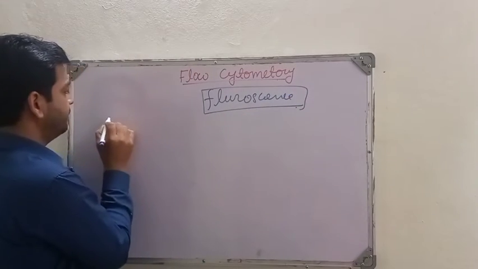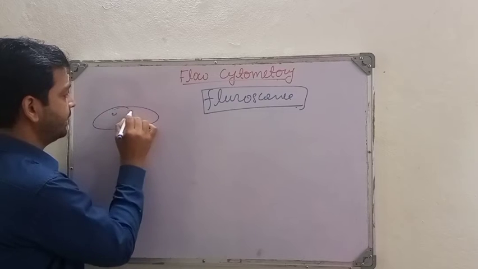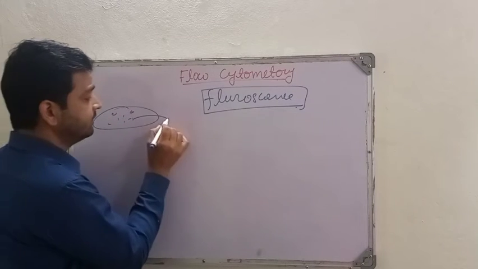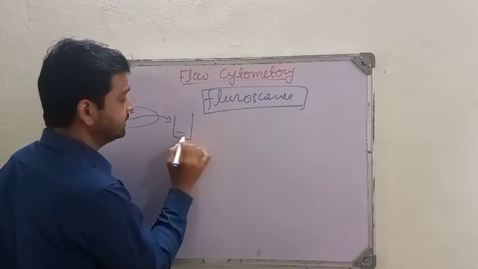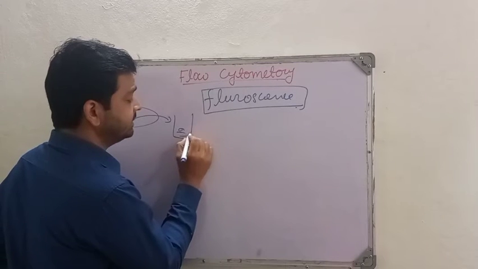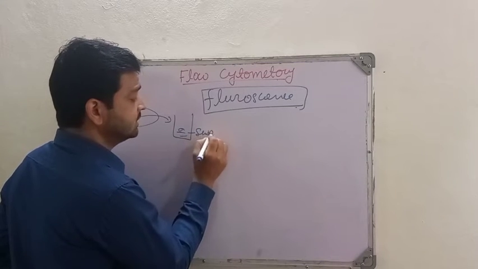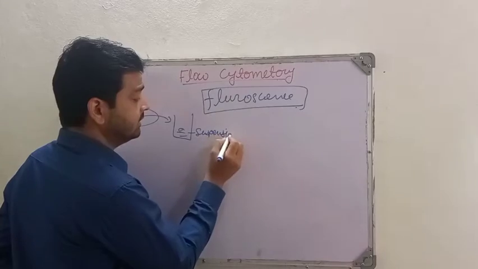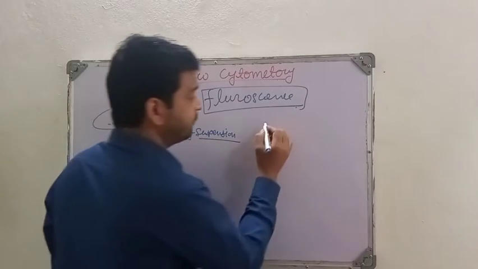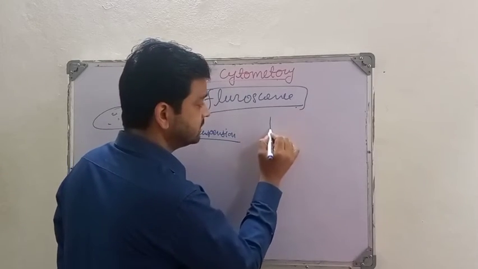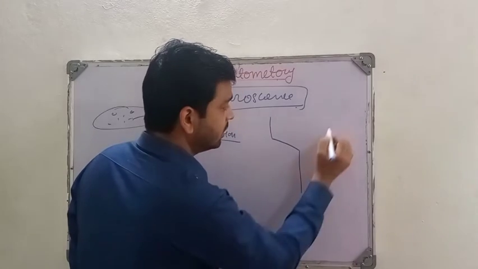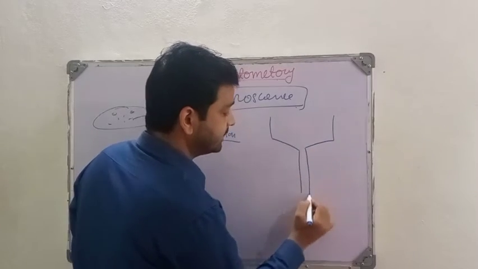From any culture which we have done, we take a sample and make it into the form of a suspension, because ultimately we are going to load the sample into the flow cytometer.